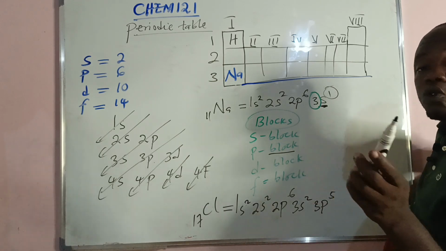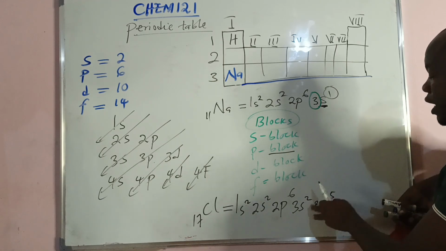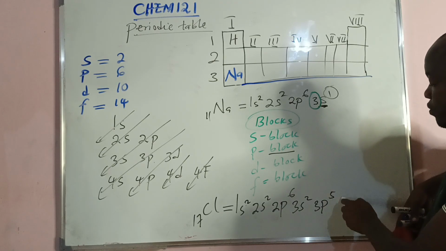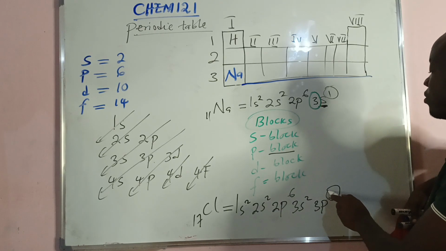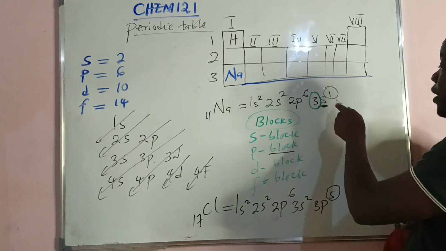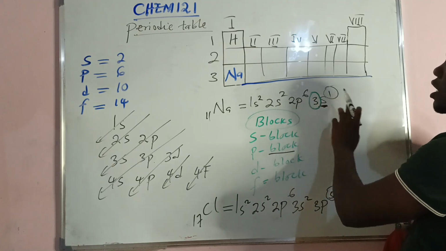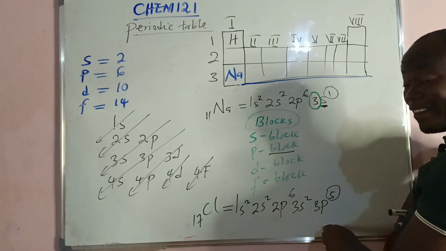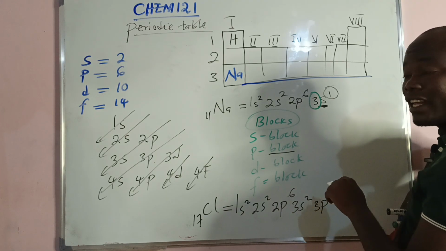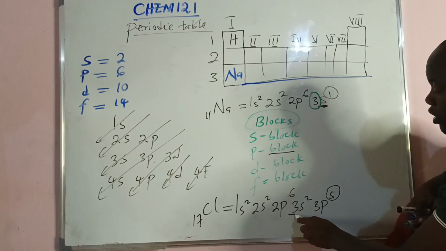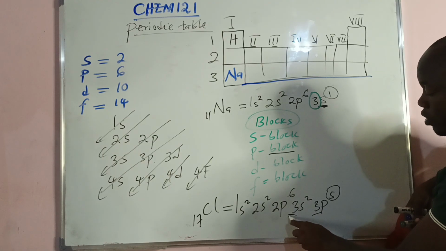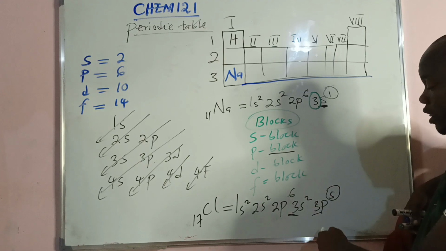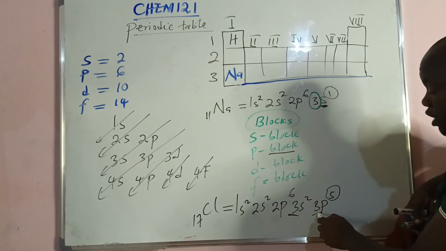So how do we know the group to which this element belongs? Look at it here. This is 5. So chlorine is not in group 5, as we did in sodium. Because the last and second to the last orbital have the same energy level, which is 3 and 3.